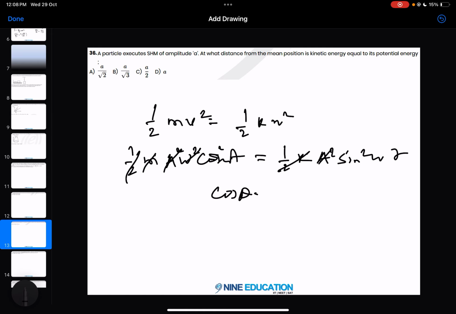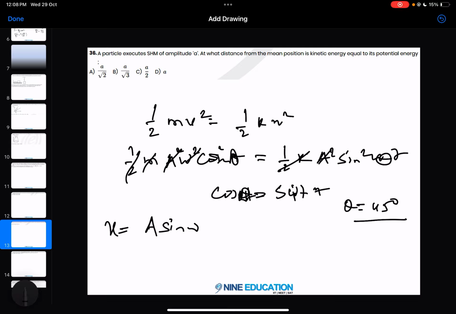Basically you'll get sin omega t equal to cos omega t, which means angle is 45 degrees. So x equal to a sin omega t, a by root 2.